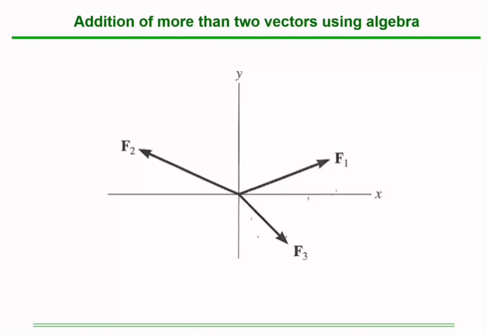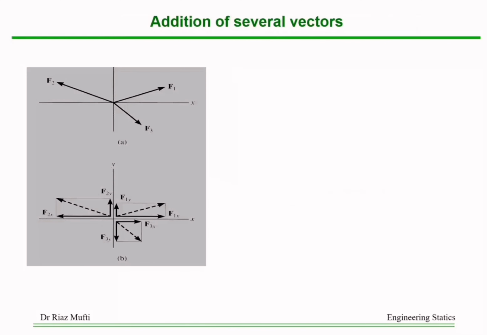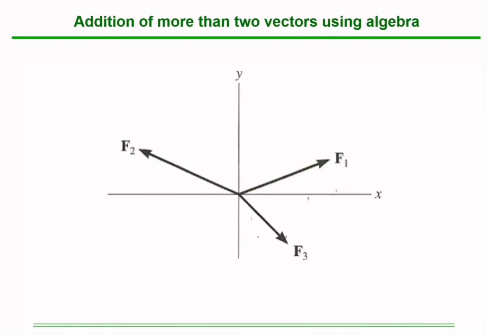So what we've got here, you've got three vectors. Let me go back here. If I look at this vector here, I can draw its two components. That's this one here and this one here.